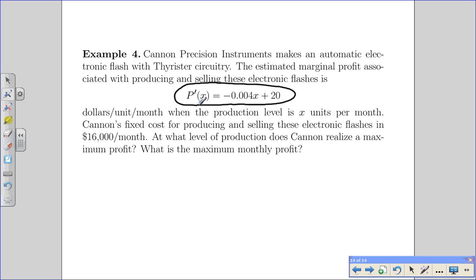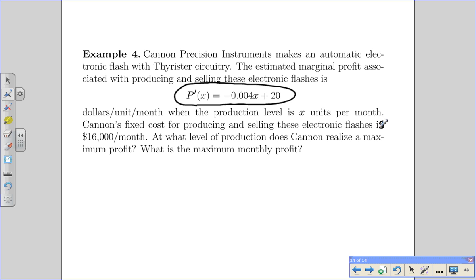P prime is negative 0.004x plus 20, when the production level is x units per month. It says Canon's fixed cost for producing and selling these electronic flashes is $16,000 per month. At what level of production does Canon realize a maximum profit? What is the maximum monthly profit?